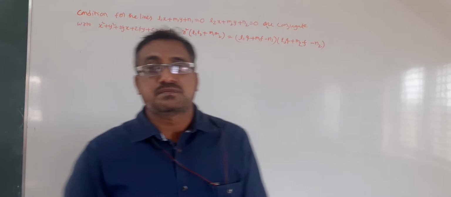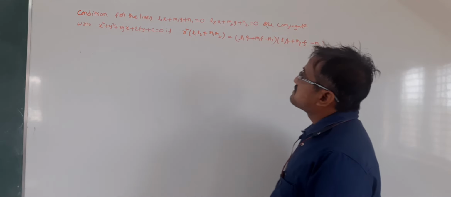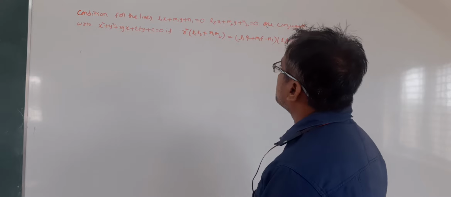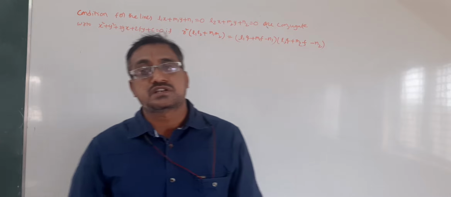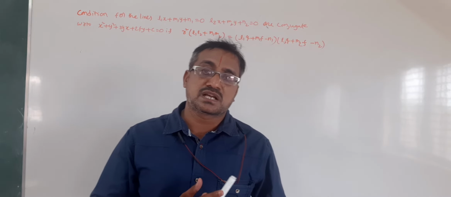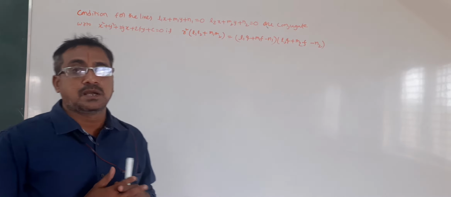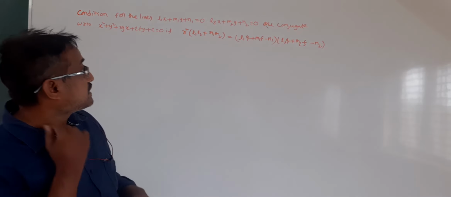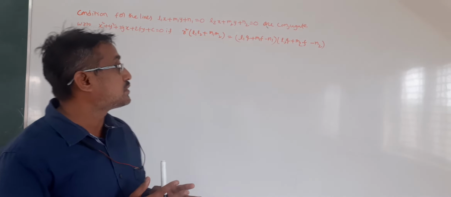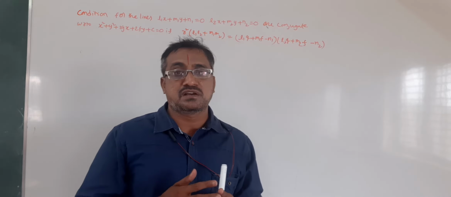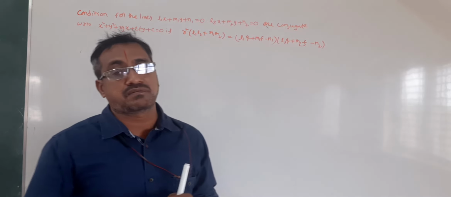Next, another concept. Two lines L1x + M1y + N1 = 0 and L2x + M2y + N2 = 0 are said to be conjugate with respect to the circle x² + y² + 2gx + 2fy + c = 0 whenever r²(L1 L2 + M1 M2) = (L1 g + M1 f - N1)(L2 g + M2 f - N2).